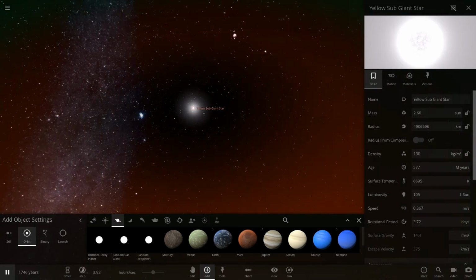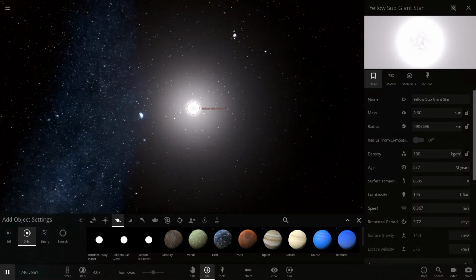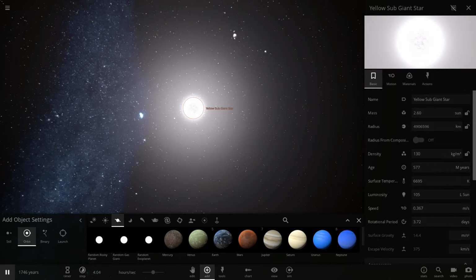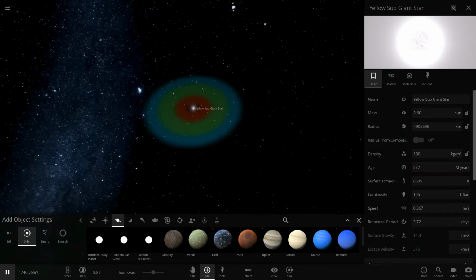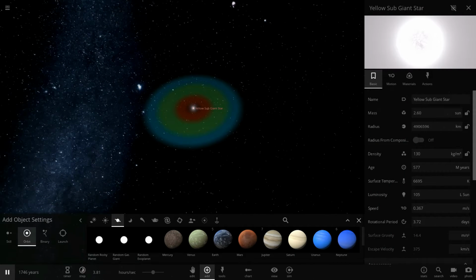The age limit for this star is 1 billion years. So this star only lives for 1 billion years. Probably less than that, probably about 800 million or 900 million.